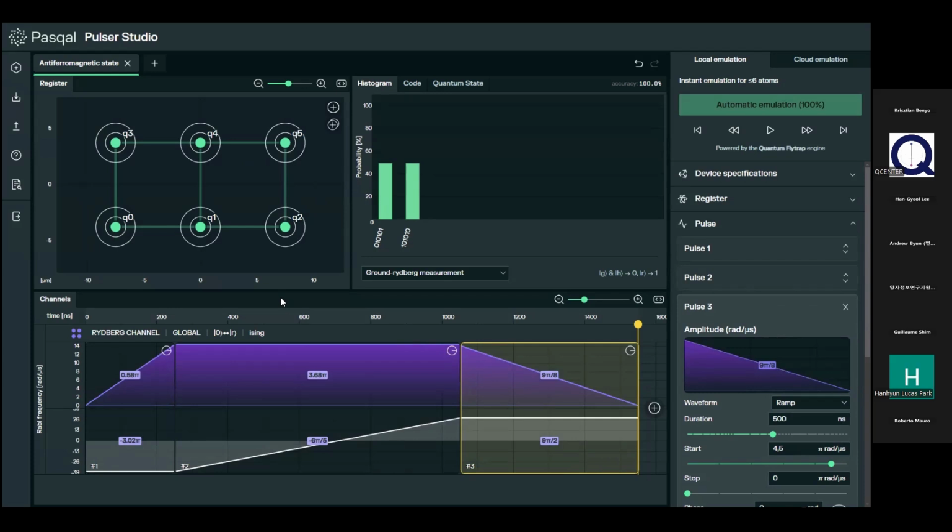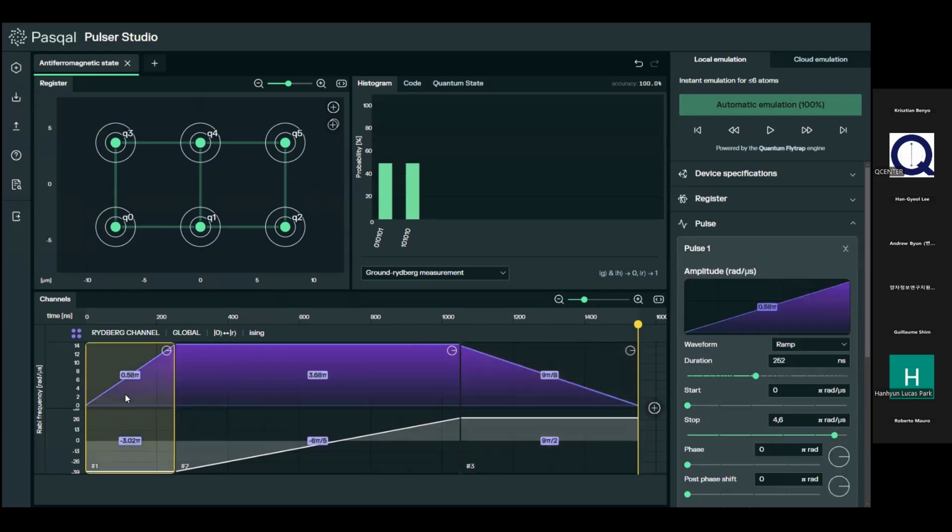Adiabatic evolution requires essentially three main things. The first thing is that the amplitude parameter needs to start from 0. So you will turn the amplitude up, turn the source term up, and it needs to end in 0, so it needs to be attenuated at the end.